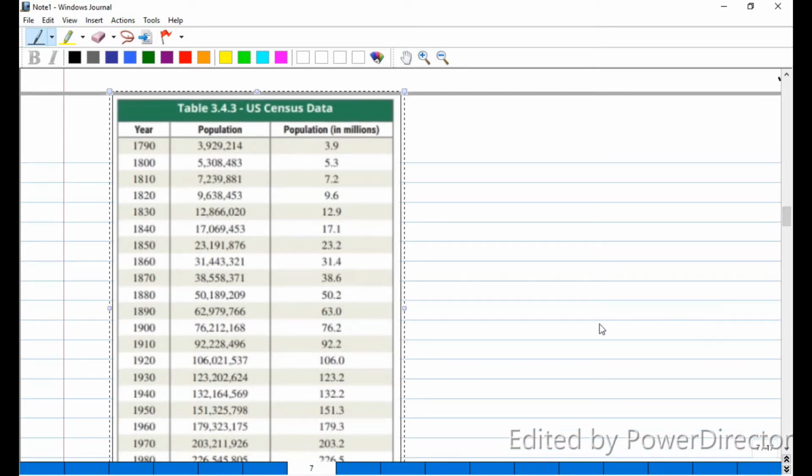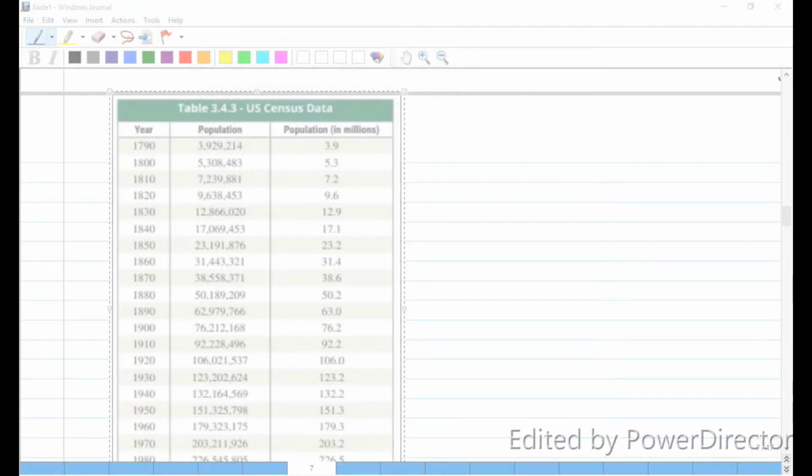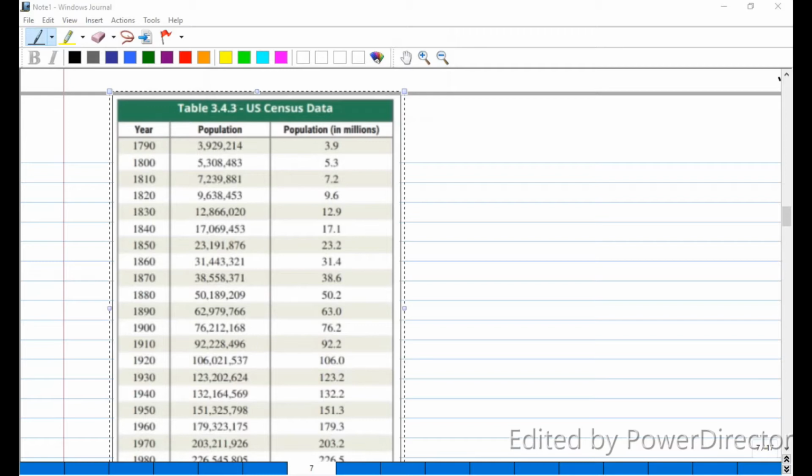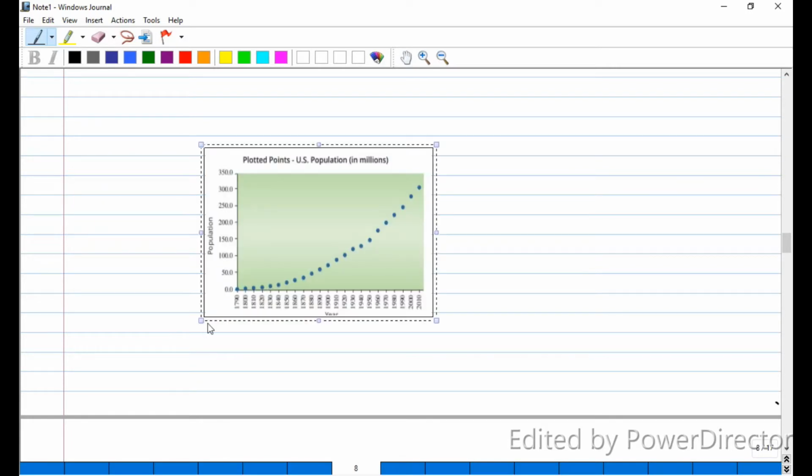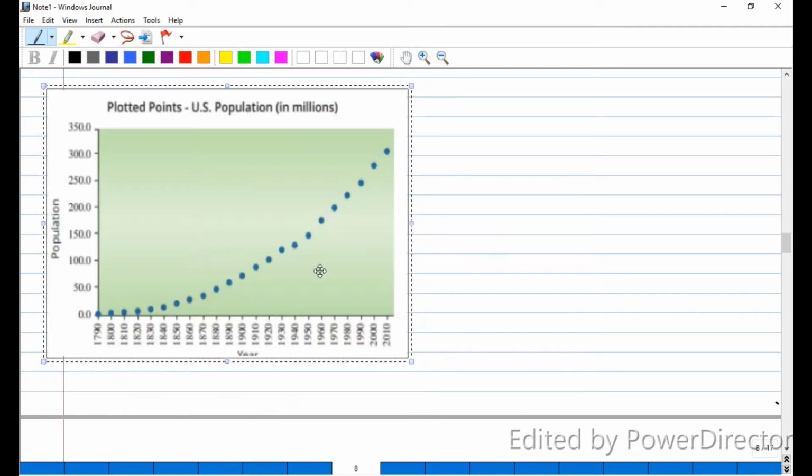So we could take that census data though, and we could make a graph of the population over time, a time series graph. So let me show you what it would look like, and we could plot points. We could even make it a line graph if we wanted to. So if we just plotted points, we could make an x-axis and a y-axis, maybe an x-axis for the years and a y-axis with the numbers, and then we could plot the points.